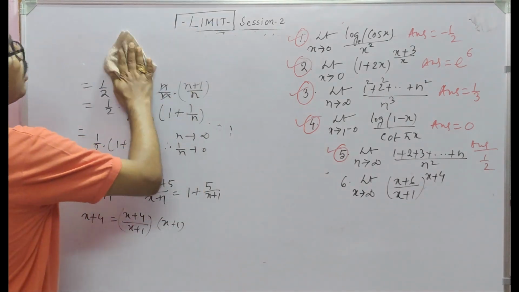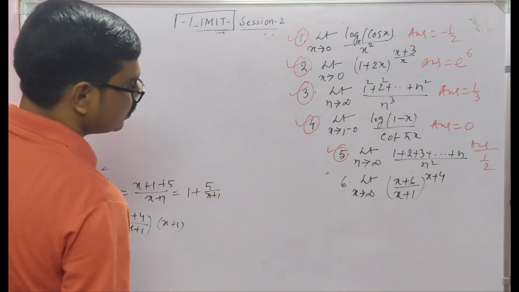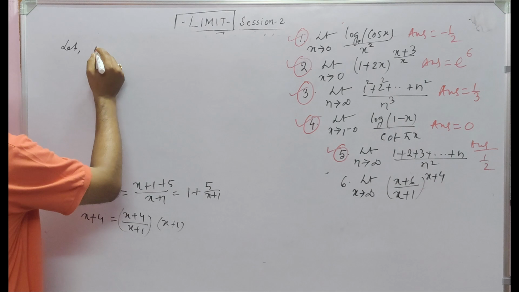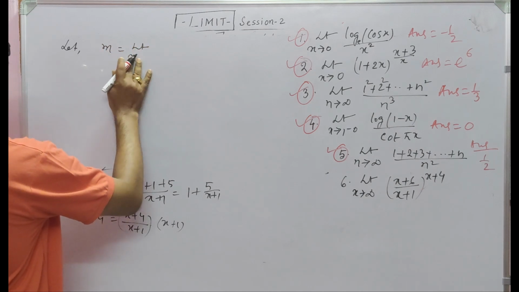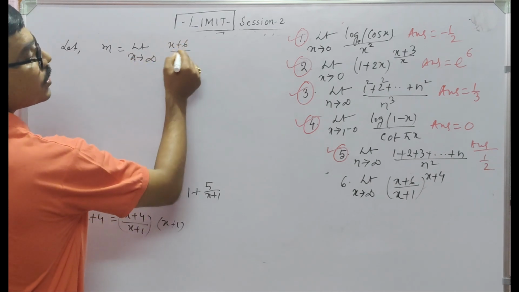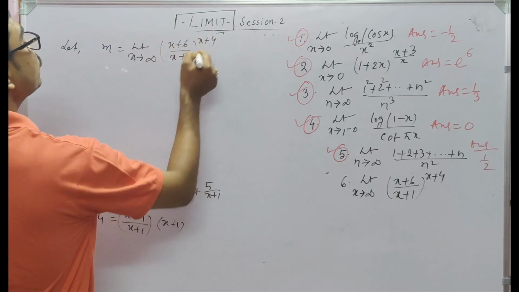So we consider log on both sides. Now this is the log. Let m equal to limit x tends to infinite, x plus 6 by x plus 1, whole power x plus 4.